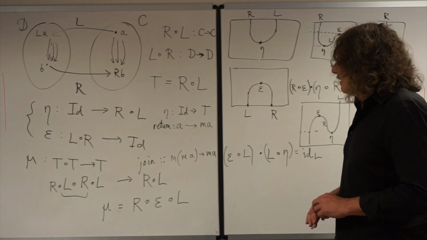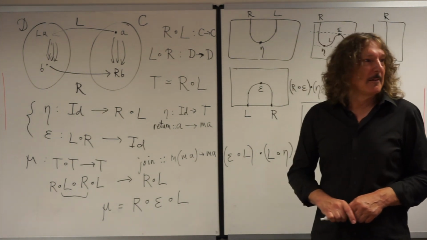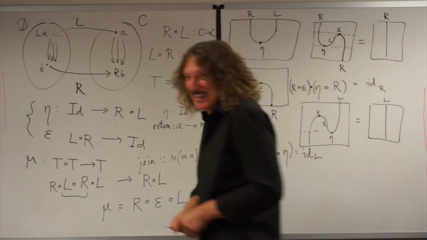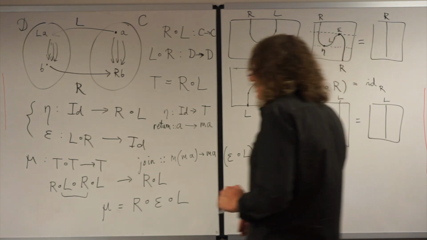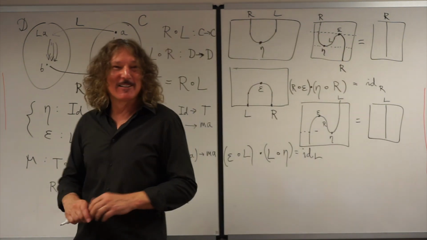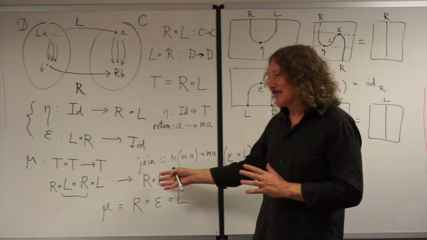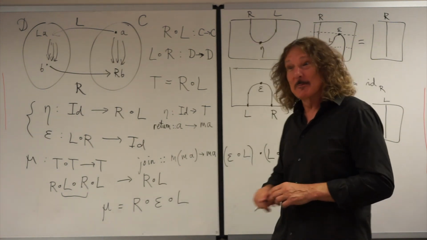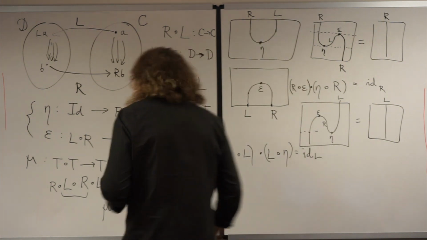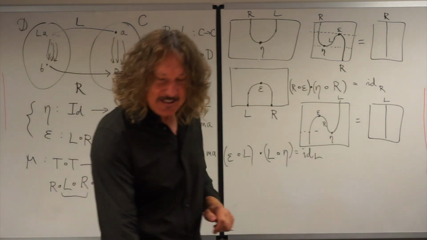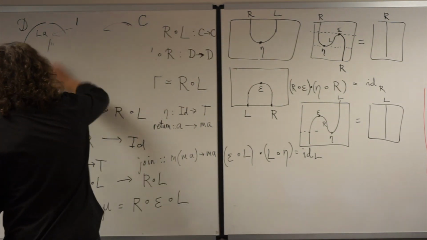Okay? So, have I shown you that we have a monad? No. Now, in order to show you that this is a monad, I have to show you the laws, right? So, it looks nice on paper, but will it work in real life? So we have to show it. But fortunately, we have our string diagrams.